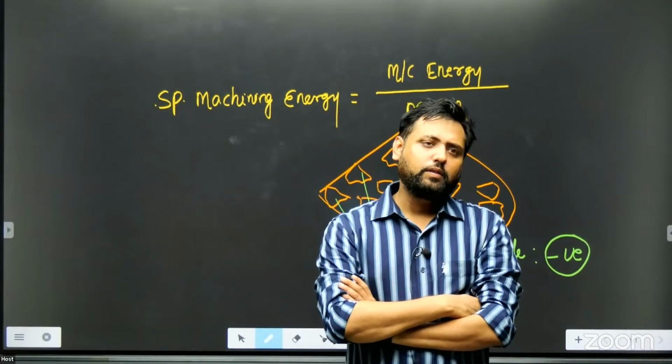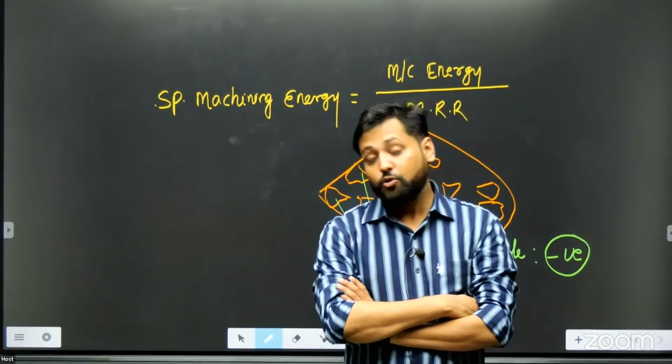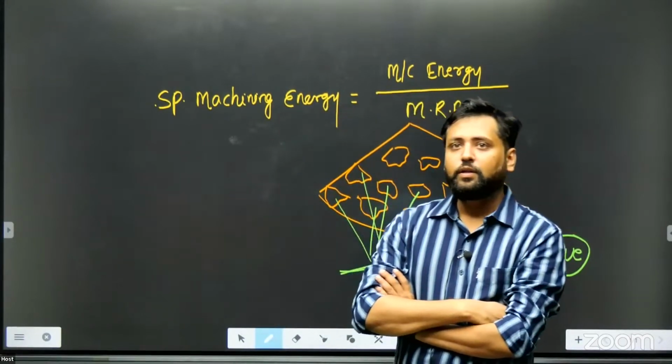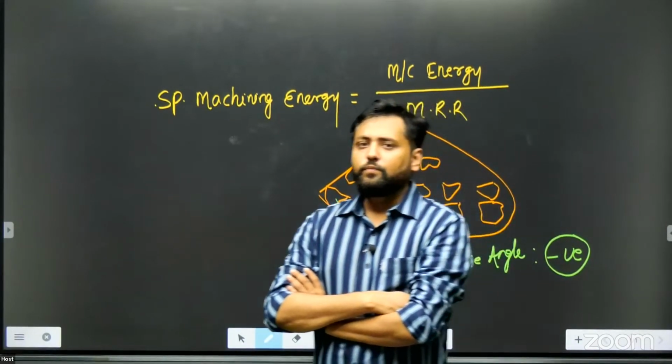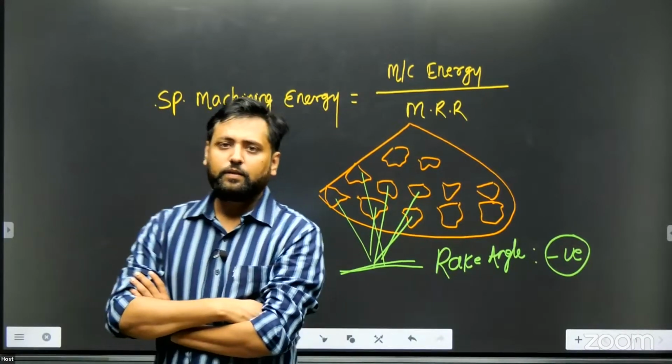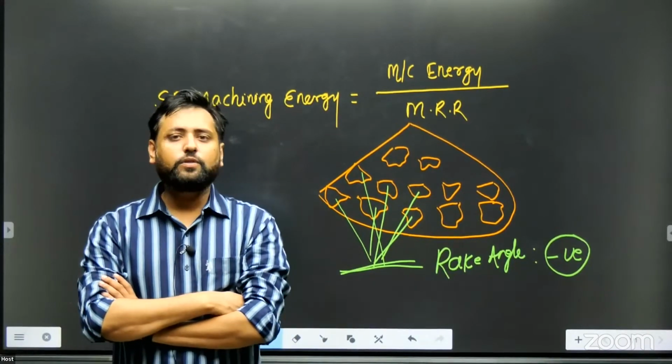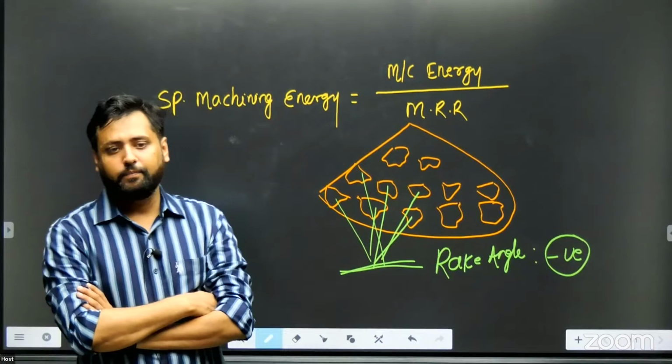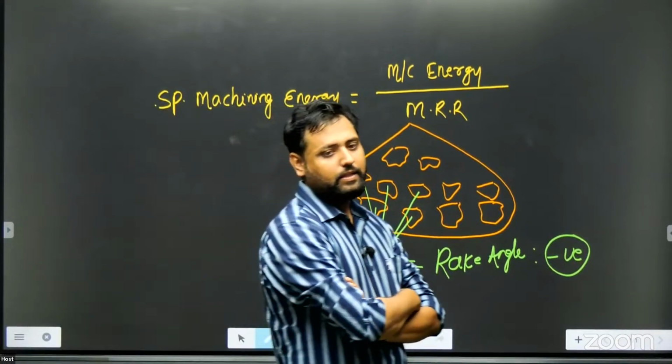So due to those negative rake grits, the force experienced by those grits and hence by the grinding wheel is in most cases very high.